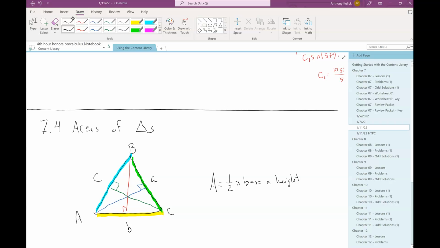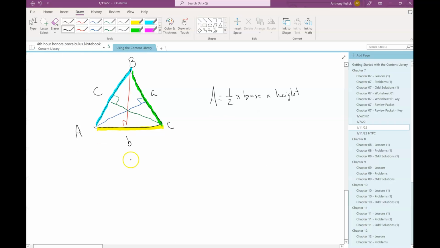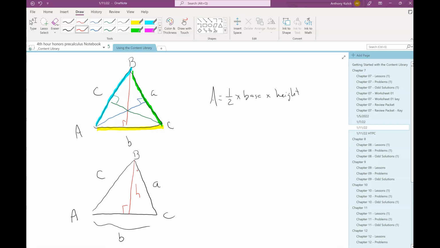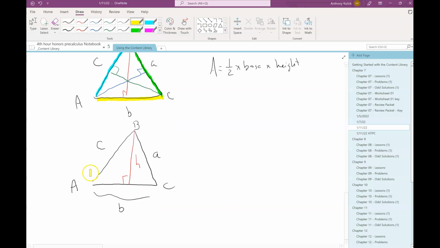So let's take a moment and adapt our formula here so that we can do this without having to solve for the height every time. So far, so good, right? We've just drawn one example of what we can do there.